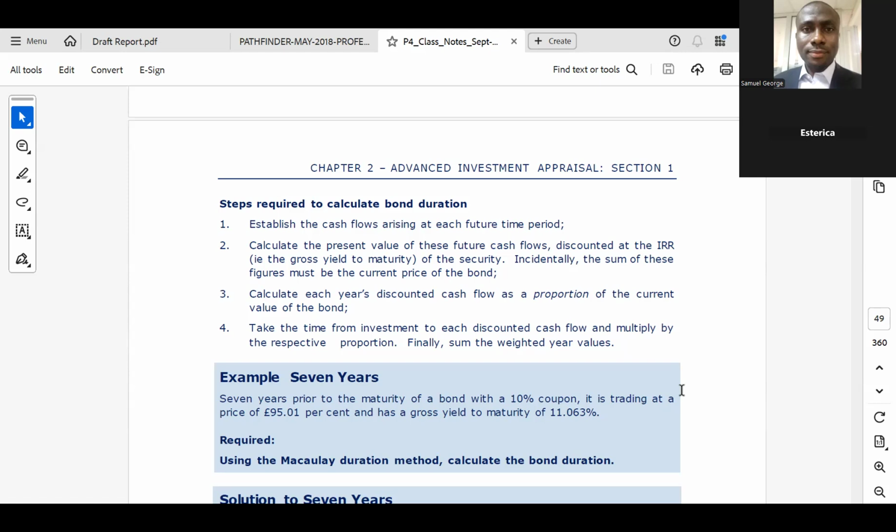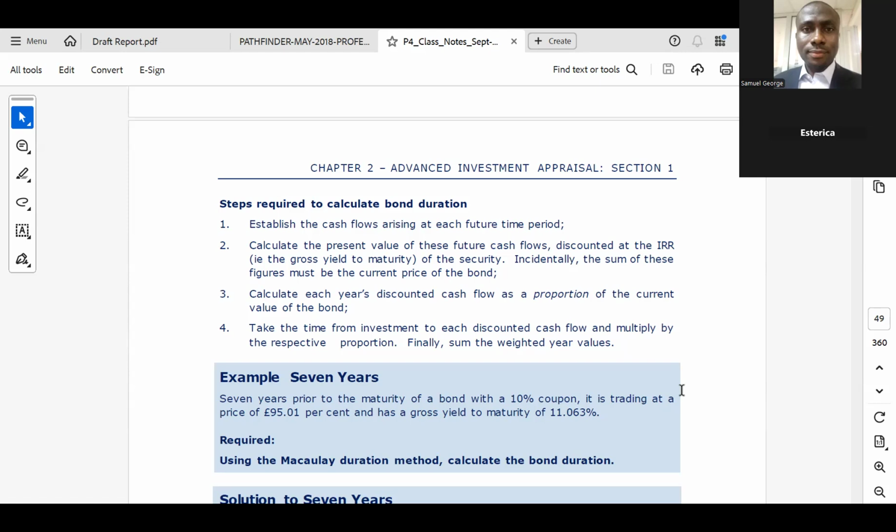Then step four: take the time from investment to each discounted cash flow and multiply by the respective proportion. You have gotten the proportion in year one, multiply it by one.